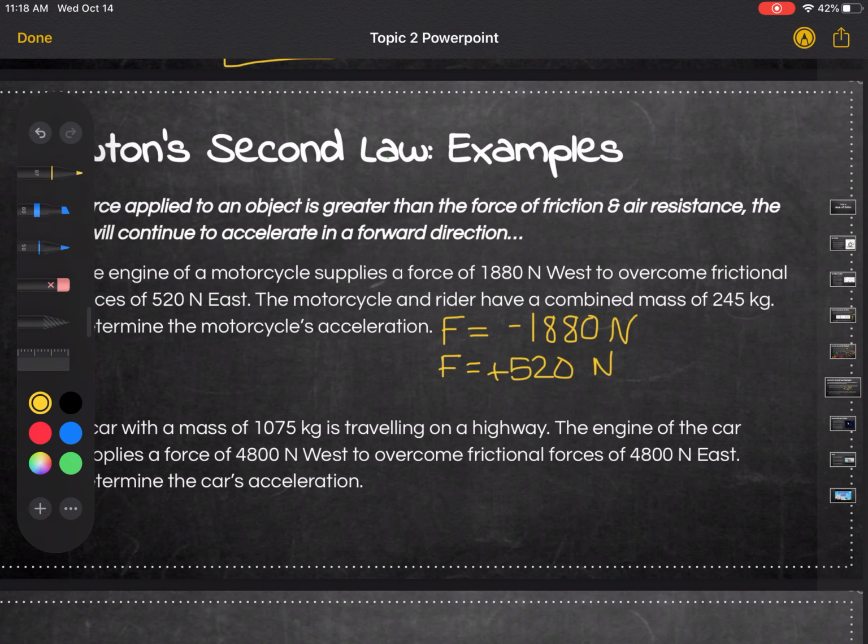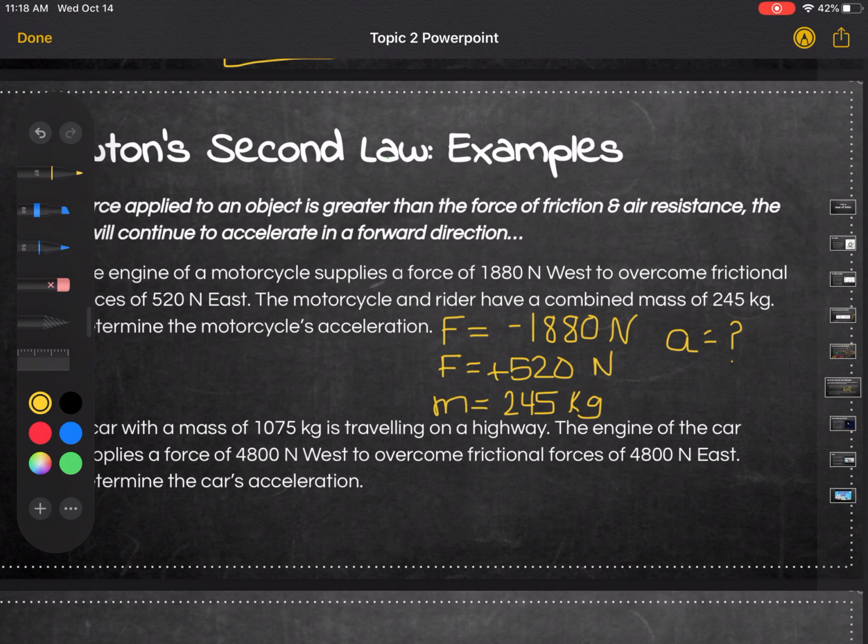Okay. The motorcycle and rider have a combined mass, so it's giving us a mass of 245 kilograms. Determine the motorcycle's acceleration. So a is what we are looking for.